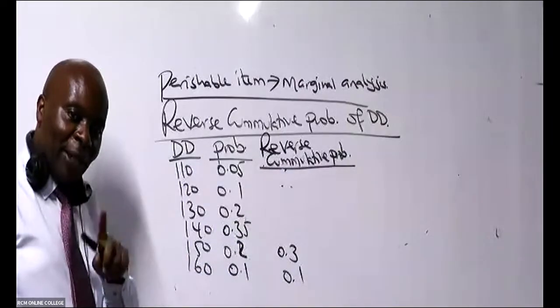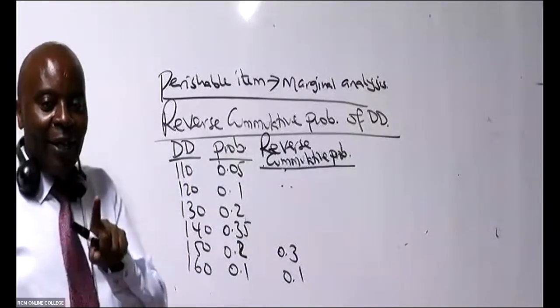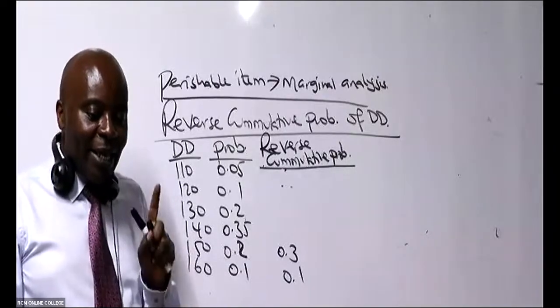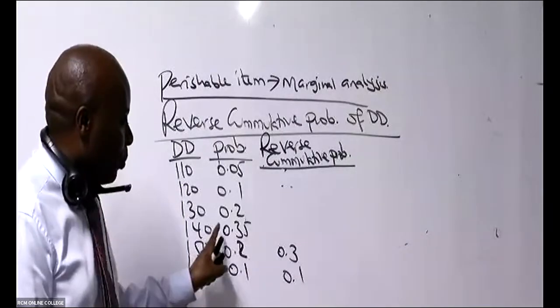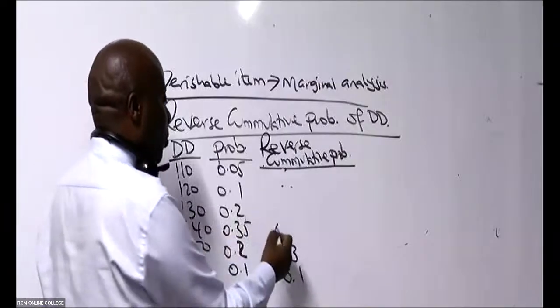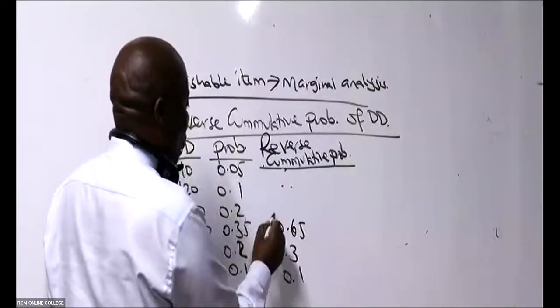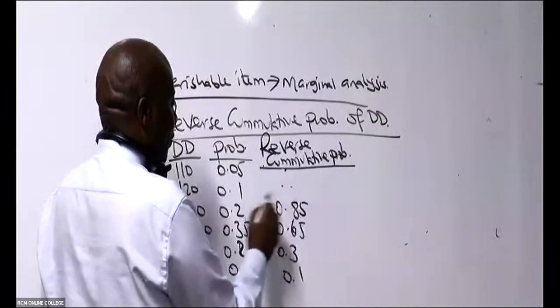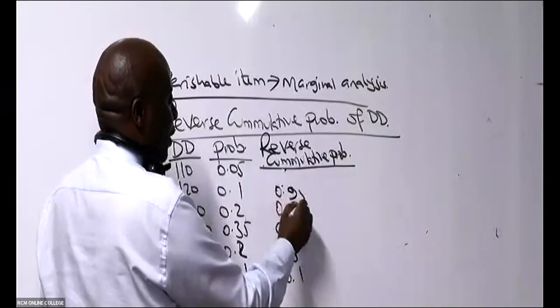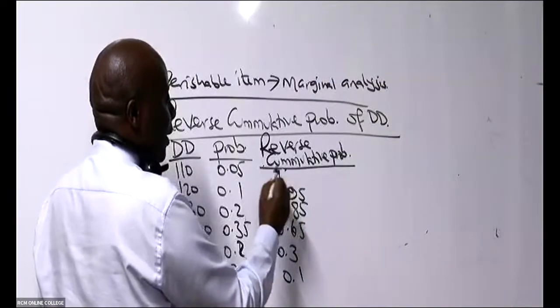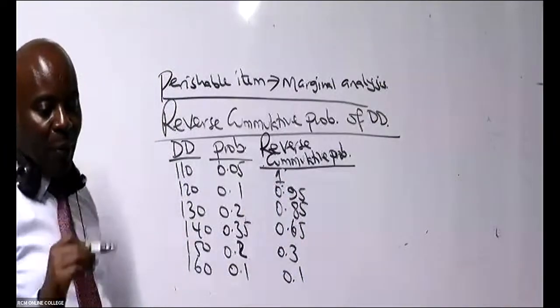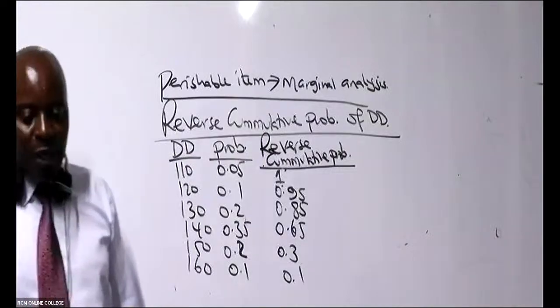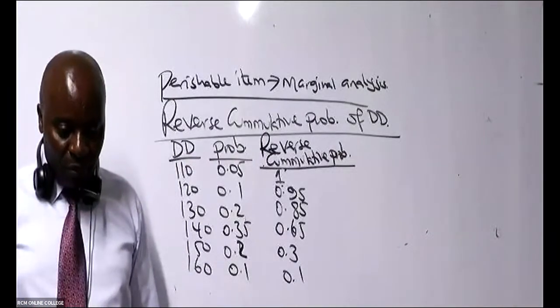This is only applicable to perishable goods; I've never seen it applied anywhere else. So 0.35 plus this gives us 0.65. This will be 0.85, and then 0.95, isn't it? And the last one will be 1. If you wish, you can say 1.00, but I'm not concerned with those zeros because this is not simulation.